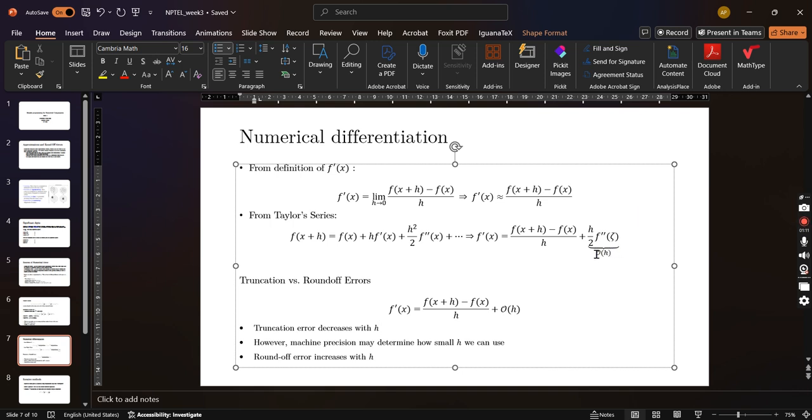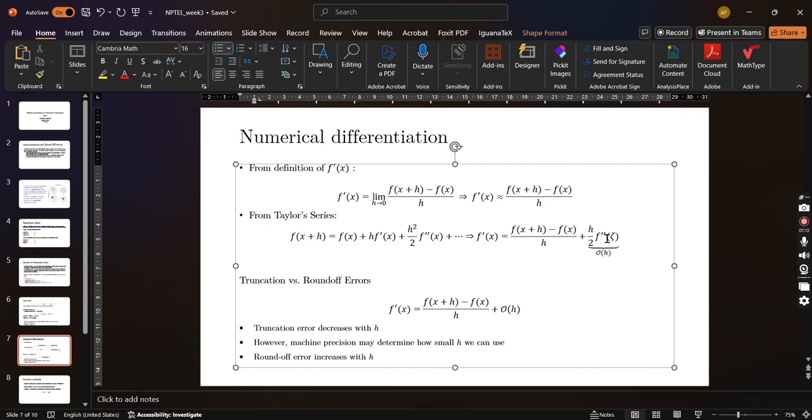The order of the slope of my graph, the differentiation graph, should be of the order h, right? That is why the lower the h we take, the lower the truncation error becomes, because this order becomes smaller and smaller, right?